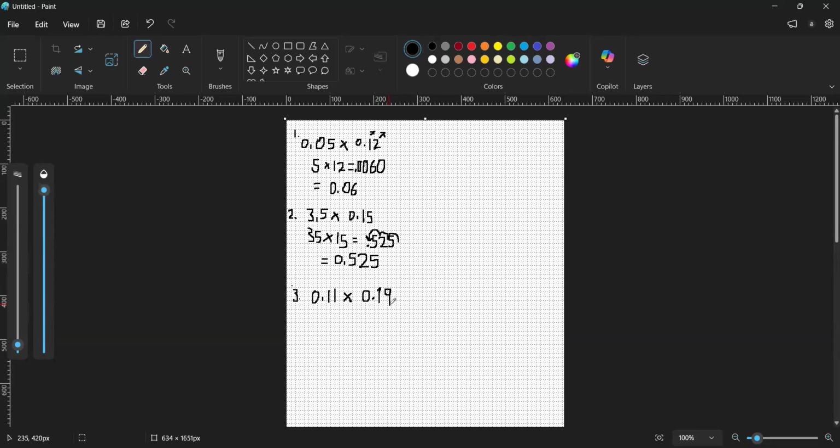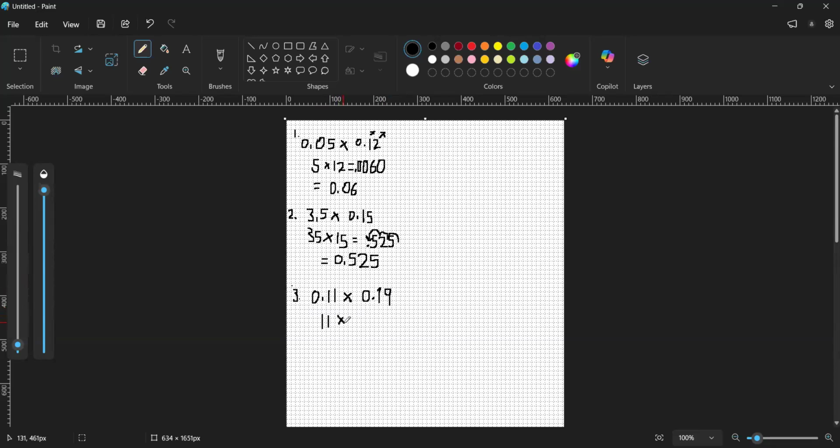Anyway, so how would you go about this? So again, I'd see both of the numbers as integers. And then I'll do 11 times 19, which is 209. Okay. 209.